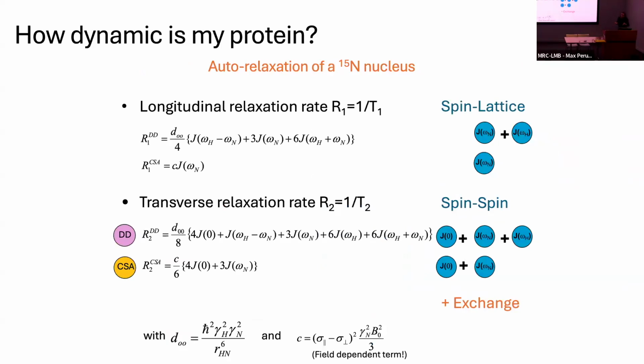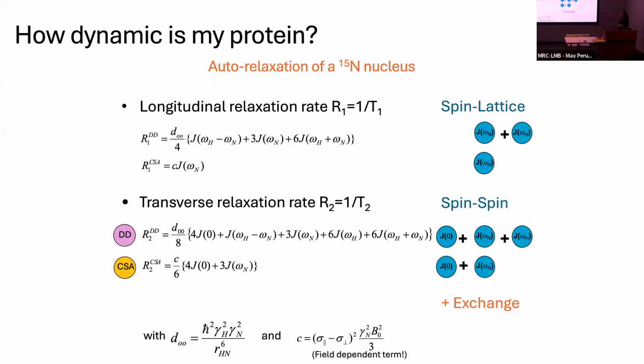The two other main NMR experiments that you might have heard of for looking at NMR dynamics are the T1, or the longitudinal relaxation rate, and the T2, the transverse relaxation. I'm really not going to say anything more about this, apart from to say that unlike the heteronuclear NOE, the T1 and T2 relaxation rates are affected by motions that happen on more than one timescale.